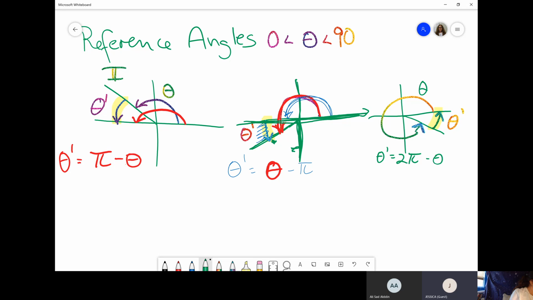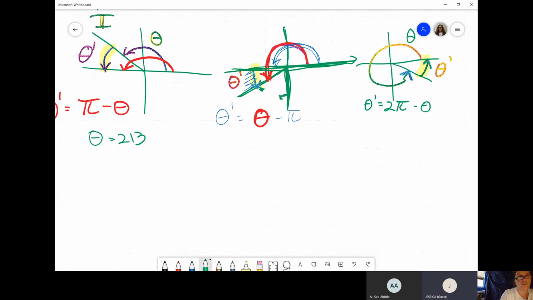I wasn't sure. If we have an angle that's 213 degrees, what is the reference angle? So first of all, draw a picture. Know which quadrant you are in. 213 degrees is more than 180, so we are here in quadrant 3. So this would be 213 degrees.